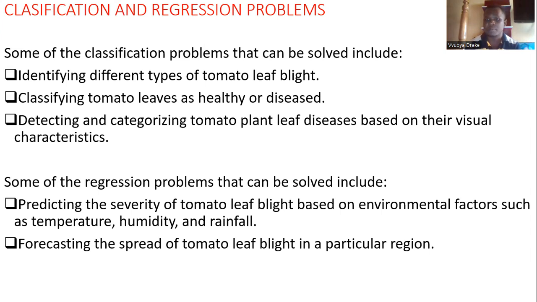Because blight is always highest in rainy seasons, and highest when the temperatures are really low. So we can use regression to know when it happens highest or lowest. Then we can use regression to forecast the spread of tomato leaf blight in particular regions.